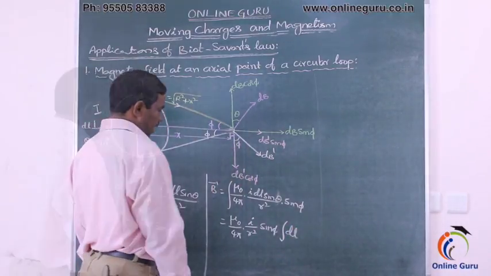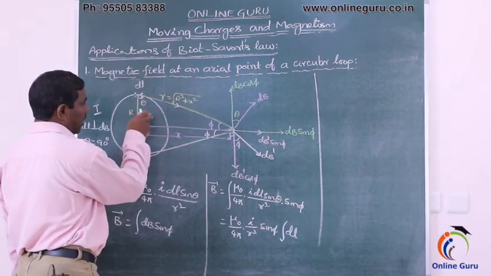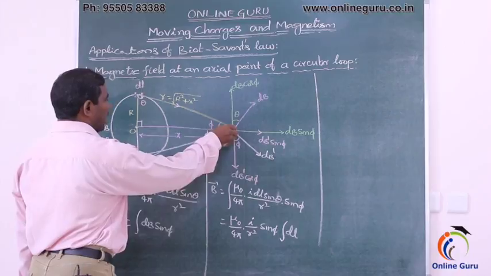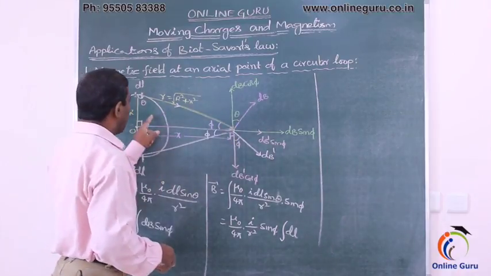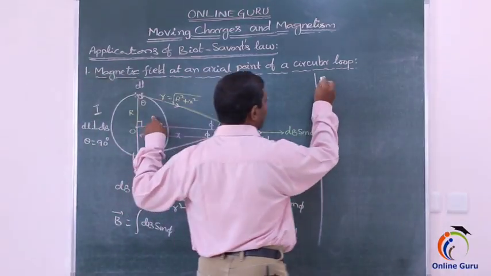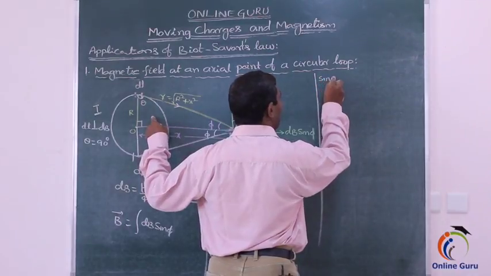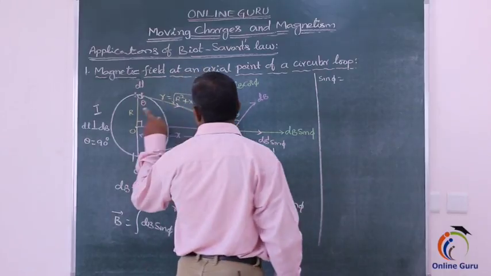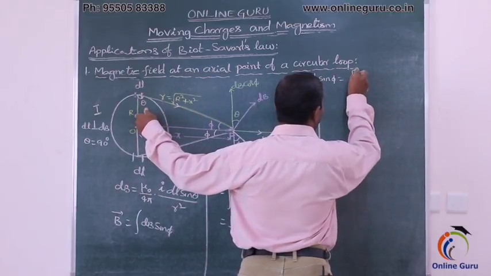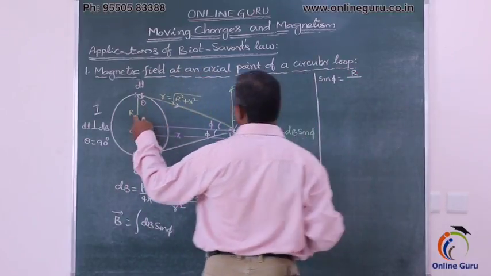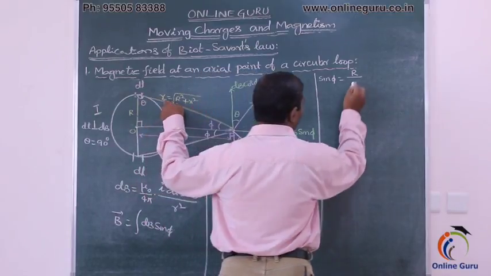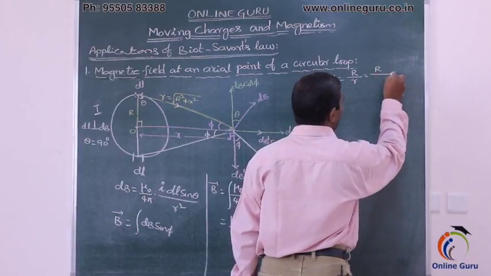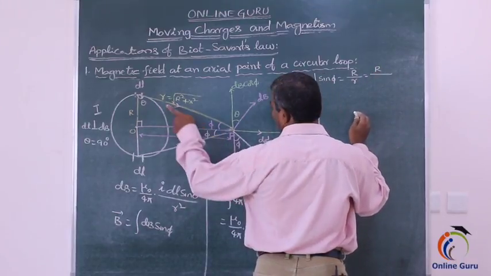Integral dl. From the diagram, ODLP is a right angle triangle. In this right angle triangle, we can determine the value of sin phi, which is equal to the opposite side, that is capital R, by the hypotenuse, small r, which is equal to capital R by small r.